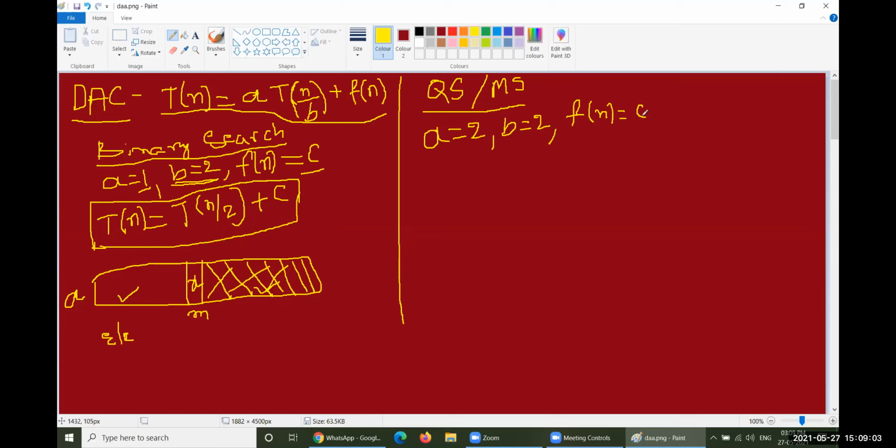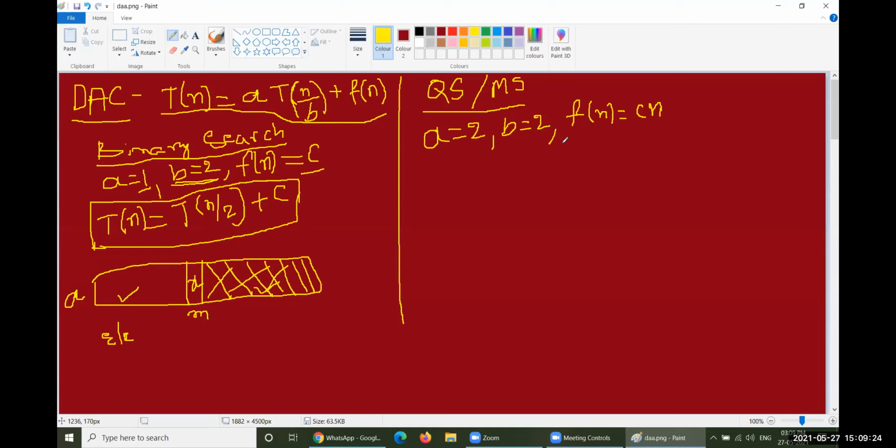And the number of comparisons will be n for every recursive call. If in the beginning the number of elements is n, then n comparisons will happen after identifying the pivotal element in quicksort, or after the division happens in merge sort.